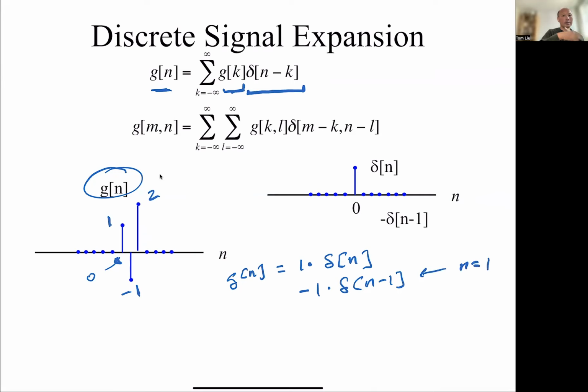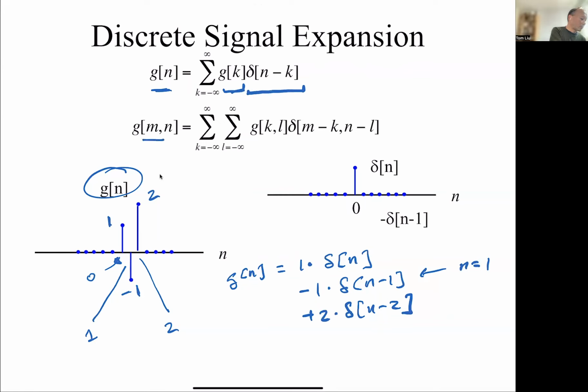We're assuming that these are 0, 1, and 2, those are the indices. And then I have another delta function plus 2 delta n minus 2. So that's all that means. Basically I can break any function and just imagine it as different delta functions with different shifts. Each shifted delta function is multiplied by a different amplitude.